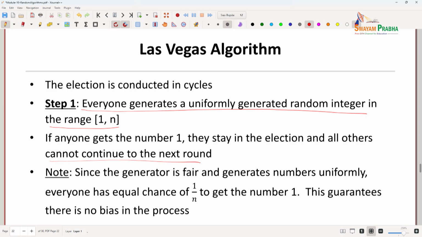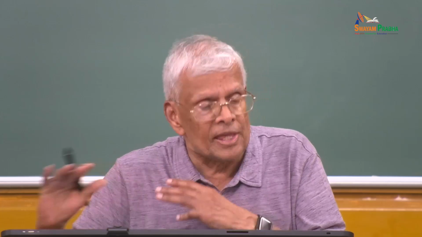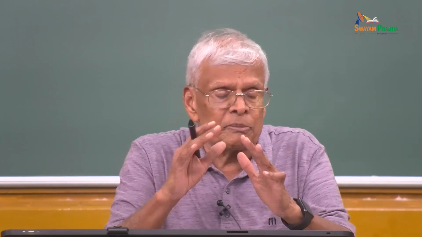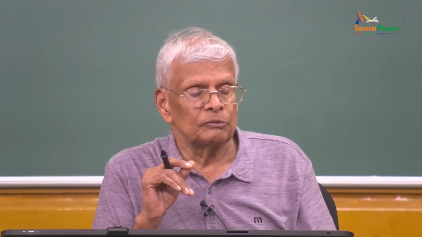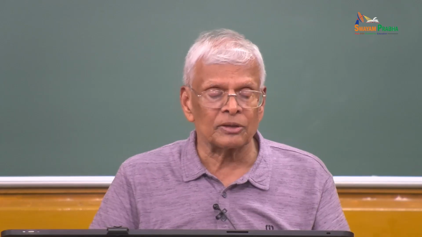Please understand the rule. Everyone has the equal chance of getting 1 or any other number. Everybody has an equal chance of getting any number from 1 to n. So he simply picked 1 as a reference number. He could have picked any number as a reference number. Without loss of generality, let us assume 1 is the reference number that the consultant has picked.